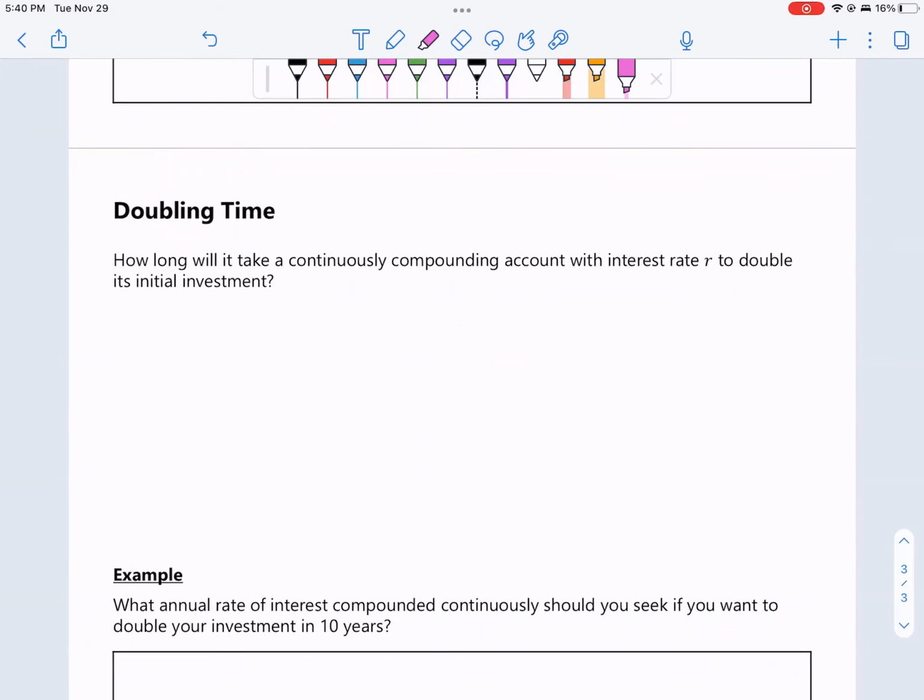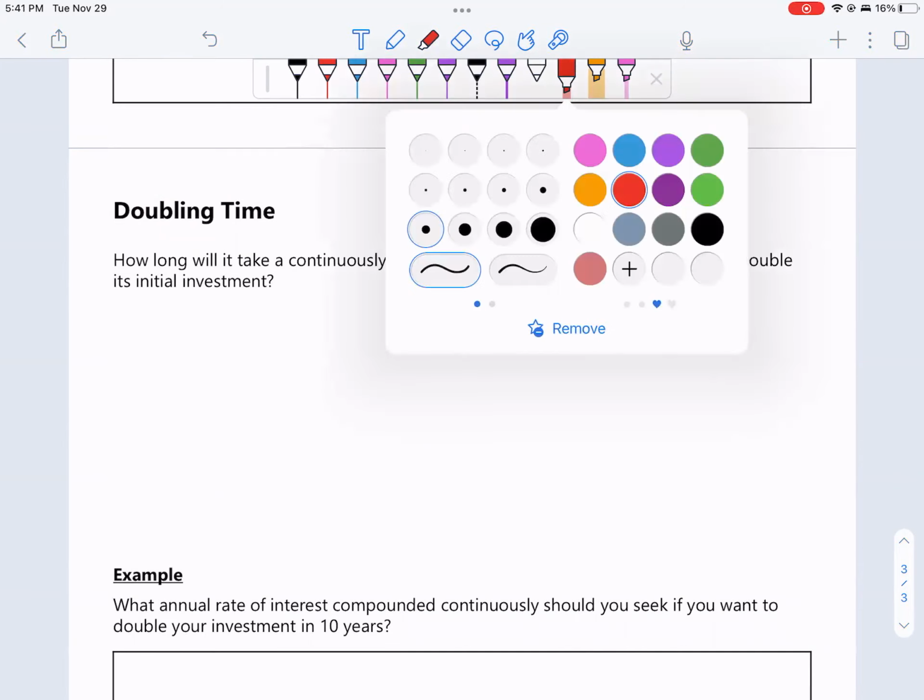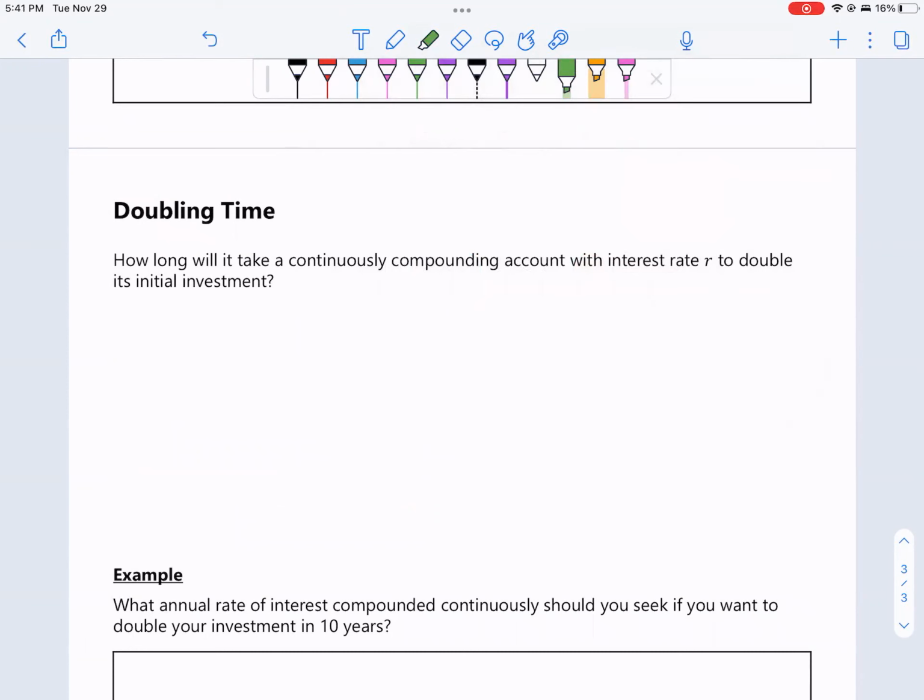All right. Doubling time. This concept that we're about to talk about right now, at least the formula I'm about to talk about, only applies with continuously compounding. Not that you would get it confused because you're not going to see any problems where that idea comes up outside of continuously compounding.